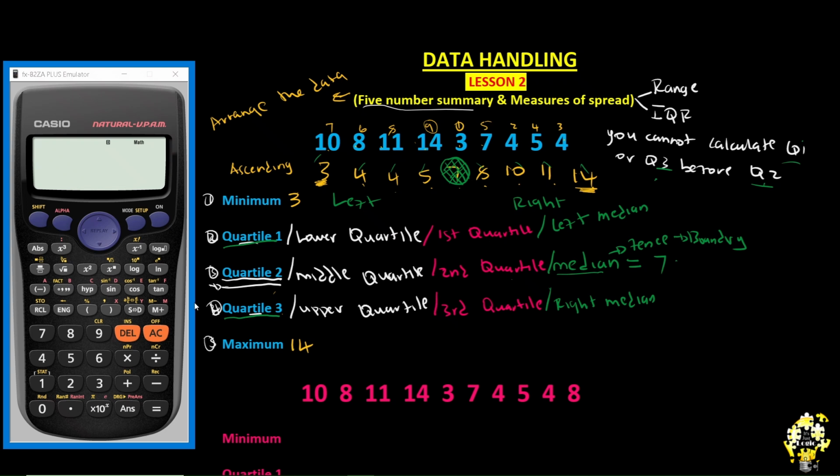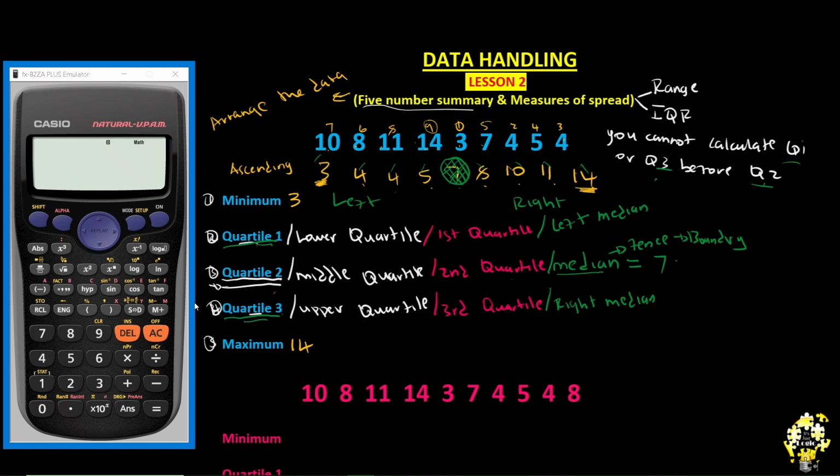After getting quartile 2, it is going to separate the data into two. On your left-hand side, you are going to get a median, which we call quartile 1. On your right-hand side, you're going to get a median, which we call quartile 3.